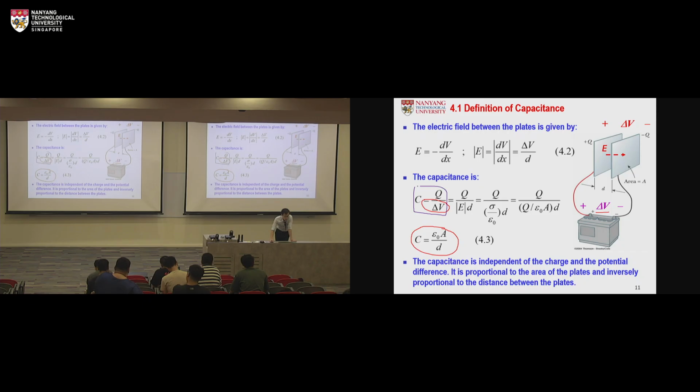This formula 1 applies to any capacitor, and this 2 applies only to this parallel capacitor. Of course, in practice, most of the time we are dealing with this kind of parallel capacitor, which means most of the time you can use this one.